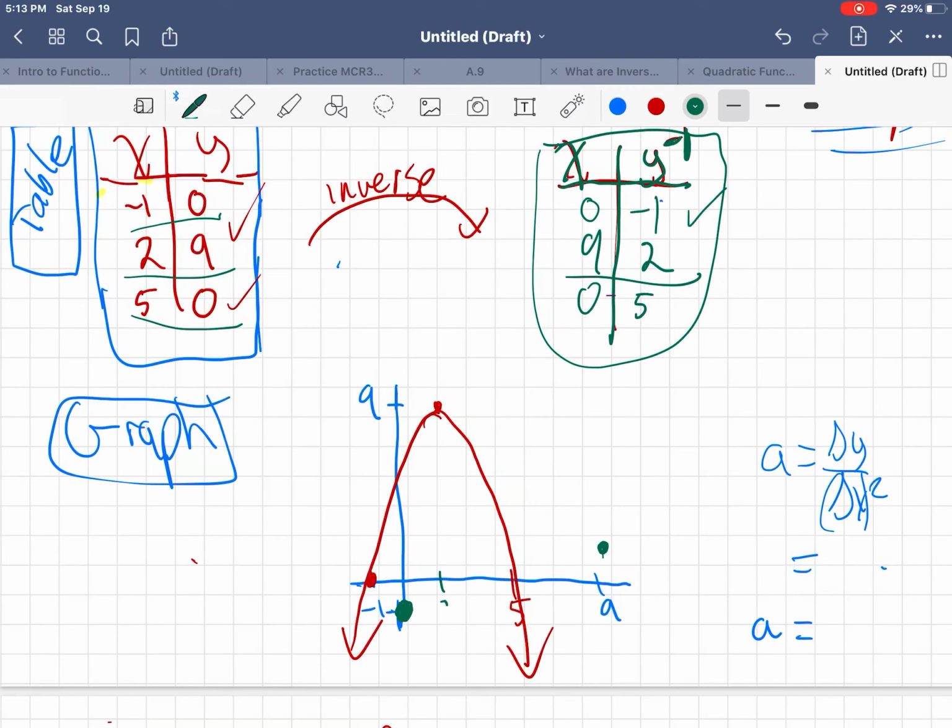By the way, I should be marking that 2 there. And then the other point is 0, 5, so 5 would be right about there, I'm guessing.